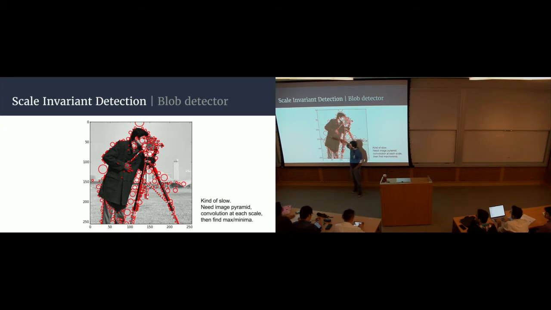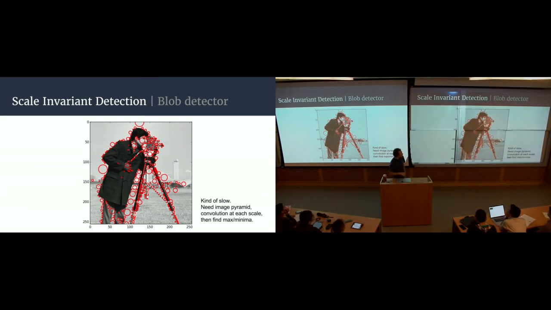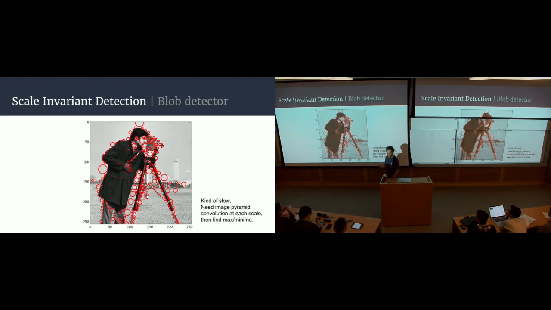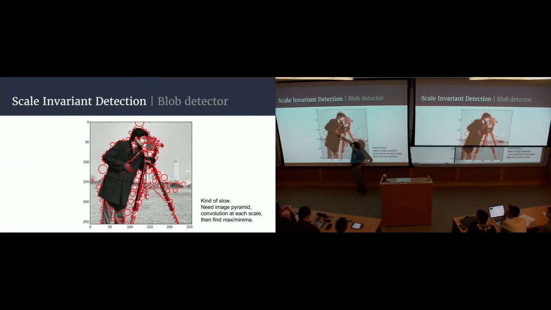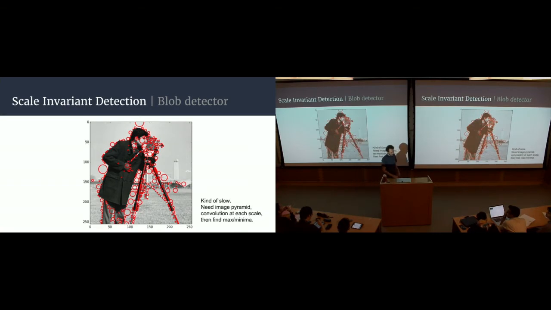It's called a blob detector, and we can see how it corresponds with different sized blobs. For example, the hand here, you can think of it as a blob. Imagine you blurred this image pretty significantly. This is sort of a blob, so it picks up on that. Here, there's a little area that it likes.